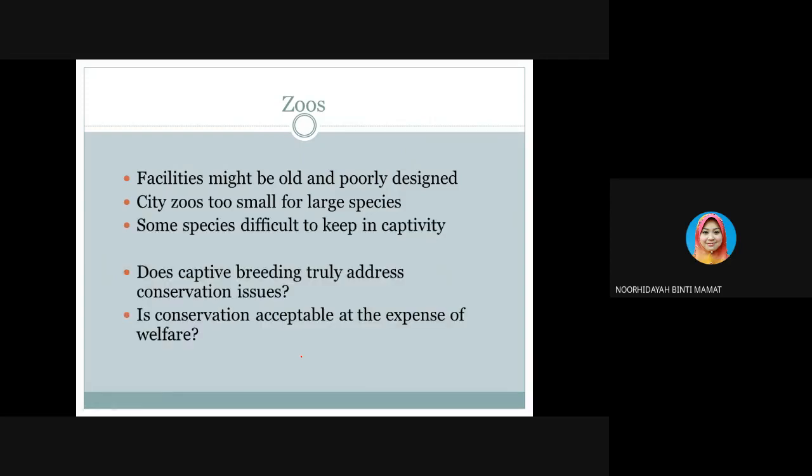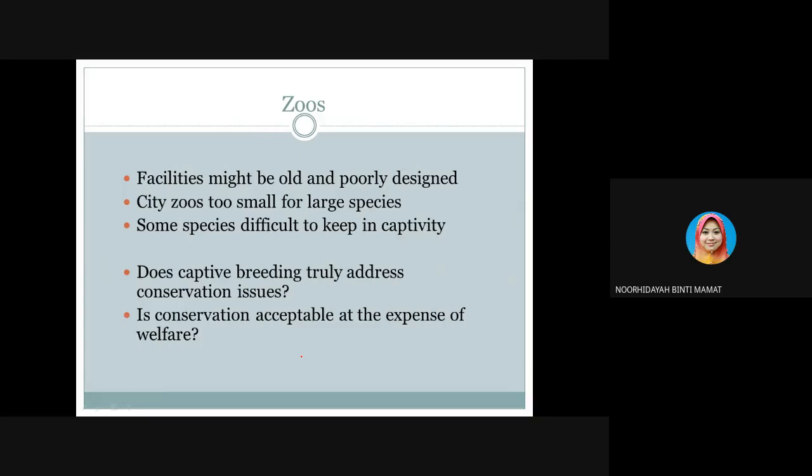Zoos have always been primarily to entertain people. However, it is argued nowadays that zoos are no longer for entertainment but for the education of people about wildlife.